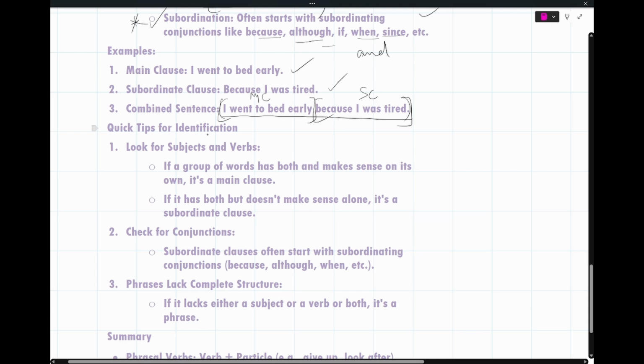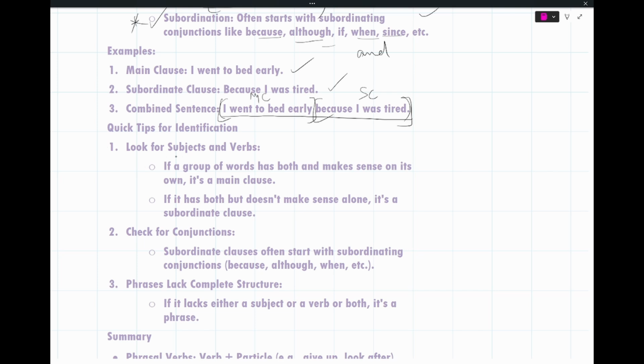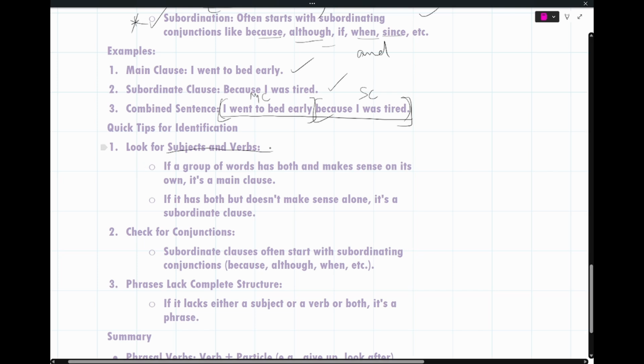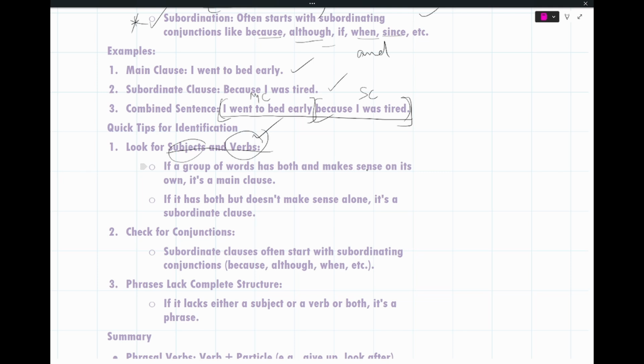Then what are the quick tips for identification? You look for subjects and verbs. Like I said, subject and verb is what makes it a clause. And of course, there can be other components of a predicate, but basically, you have to see the presence of subject and verb if you want to identify a clause, right? If a group of words has both and makes sense on its own, it's a main clause.